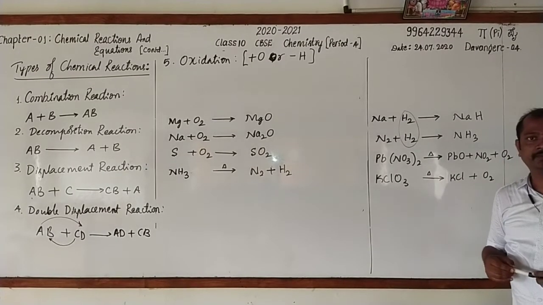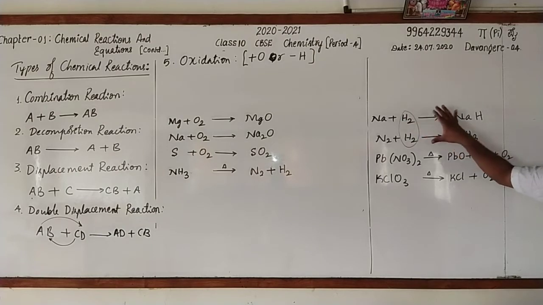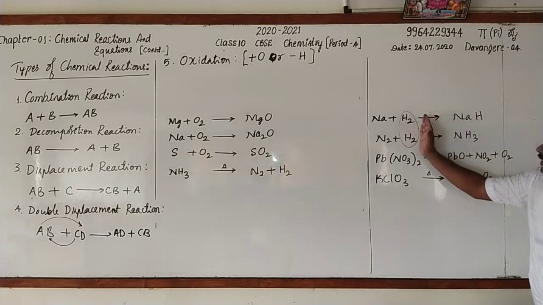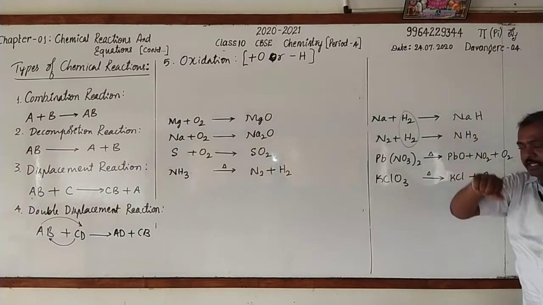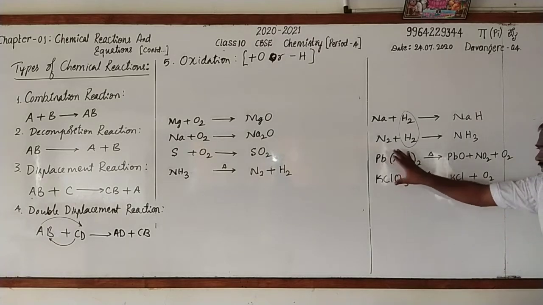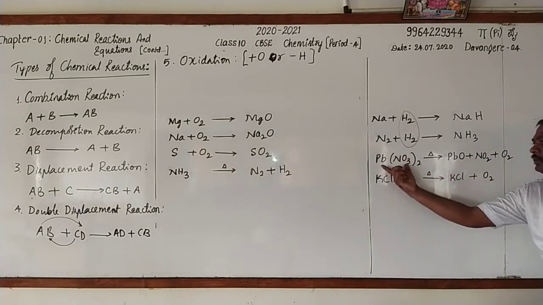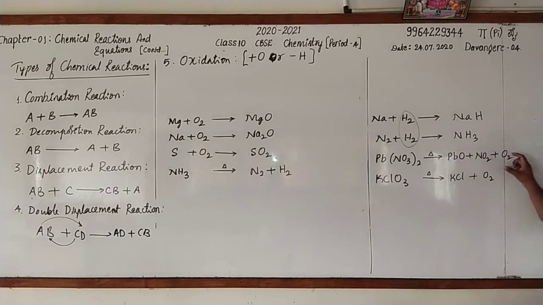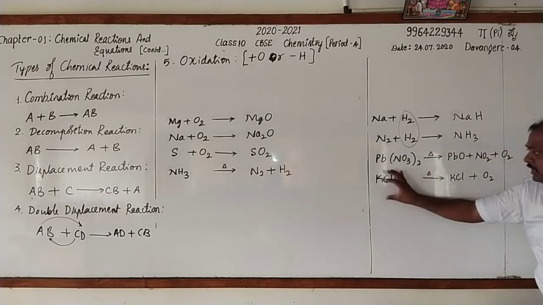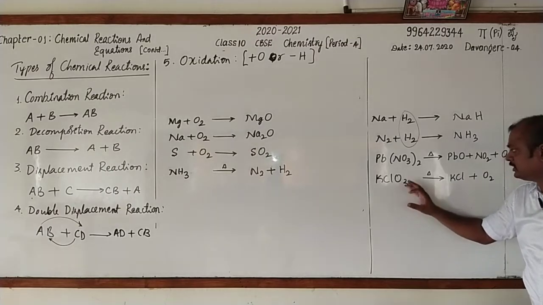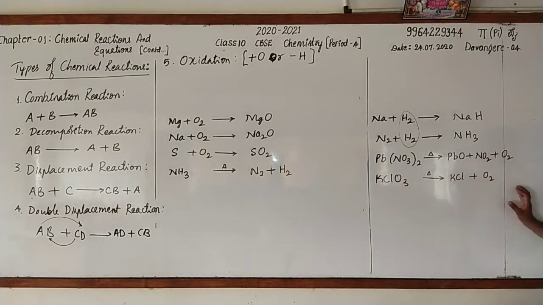Observe the first two. Can we say that in these two reactions, hydrogen is added? Yes. Then in these two, look here, Pb(NO3)2, oxygen is there. It has been removed from it by heating. KClO3, here also oxygen is there, it has been removed. Then can we say that it is removal of oxygen? Yes.